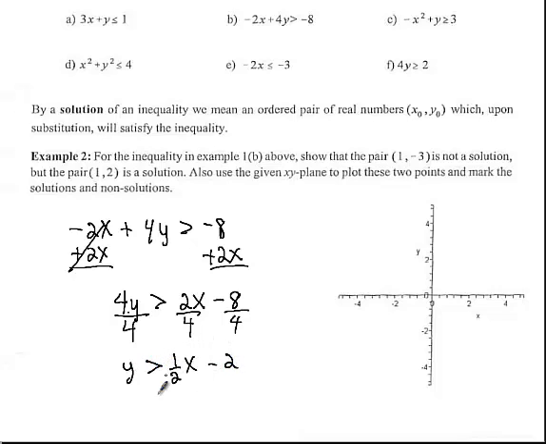It's greater than, and so to graph this, we're going to use a dashed line, because we do not have one of the inequalities that has an equal to bar on the bottom.